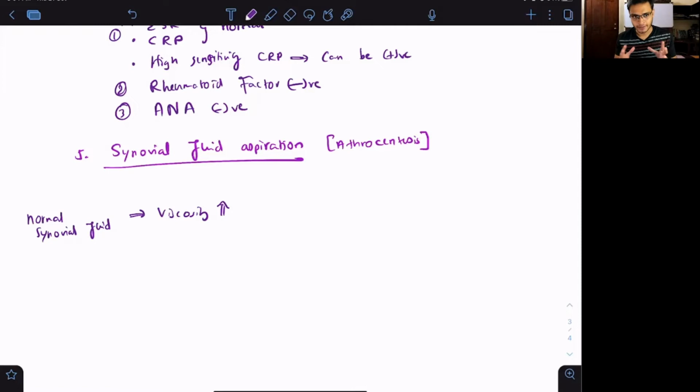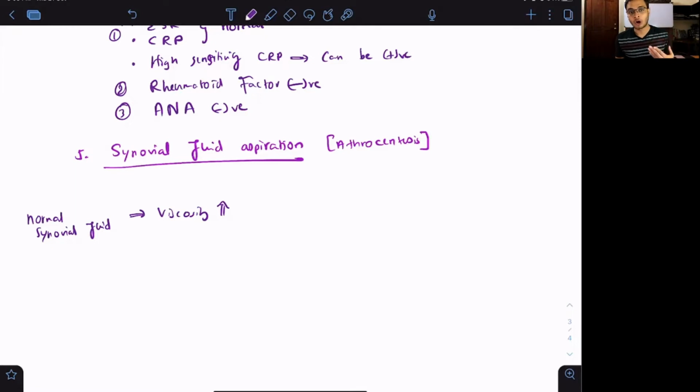That is true. However, when you aspirate the entire joint fluid, when there is inflammation and everything going on, what do we have? Although hyaluronic acid and lubricin can be reduced a little, we also have inflammatory infiltrate at the joint. Whenever inflammatory infiltrate is there, not just in the joints, in whichever compartment, there is going to be an increased thickness of the fluid in that area, viscosity we say.